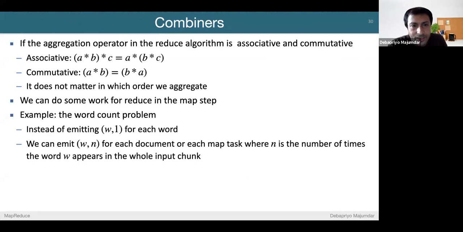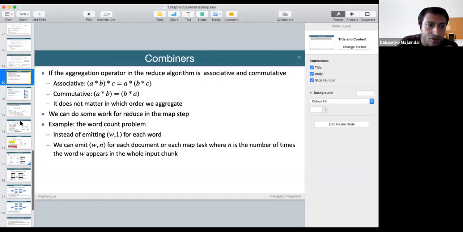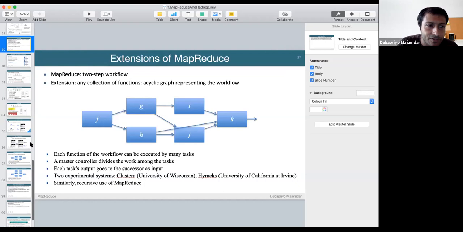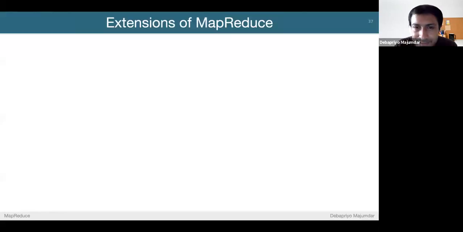This is one example of combining certain aspects of map and reduce. Especially, if you do more work upfront, you will do better in efficiency. I will cover some slides from here first. I'll reorder the slides later and upload.